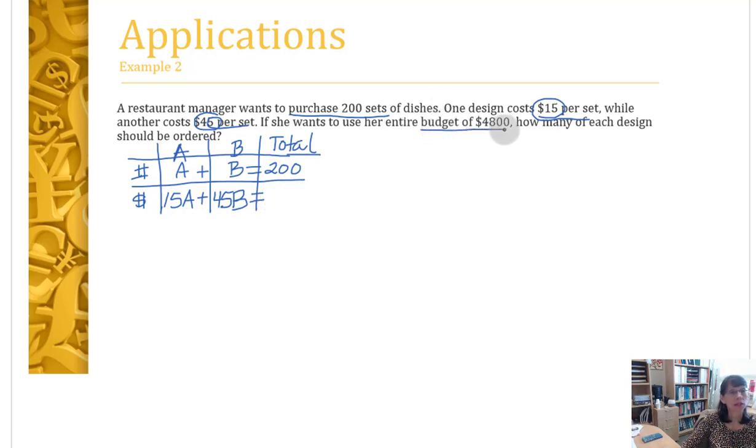The budget is given at $4,800, so there's our total. We can see that we now have a system consisting of A plus B equals 200, and 15A plus 45B equals 4,800.